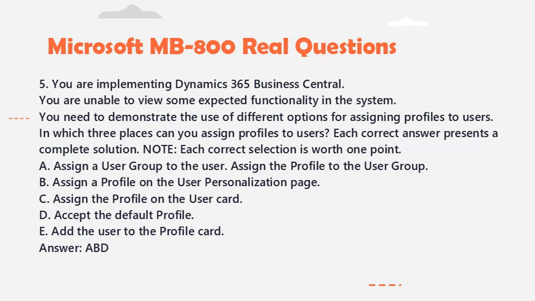A. Assign a user group to the user. Assign the profile to the user group. B. Assign a profile on the user personalization page. C. Assign the profile on the user card. D. Accept the default profile. E. Add the user to the profile card. Answer: ABCD.